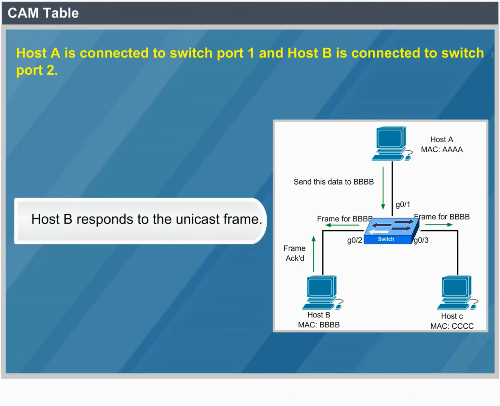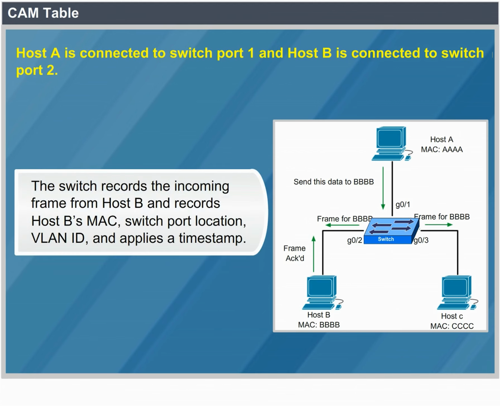Host B responds to the unicast frame. The switch records the incoming frame from host B and records host B's MAC, switch port location, VLAN ID and applies a timestamp.